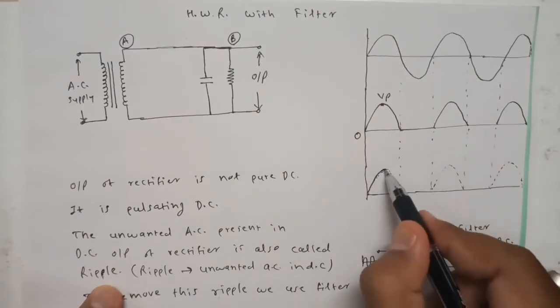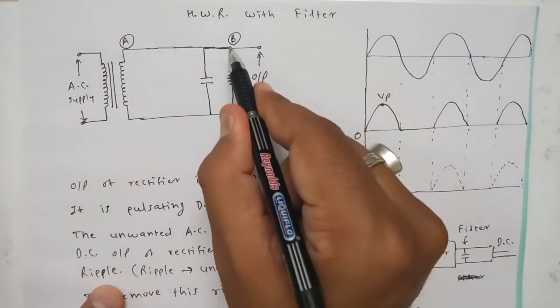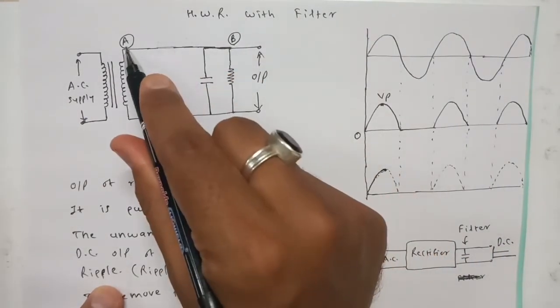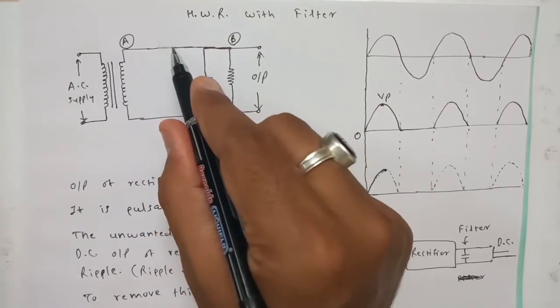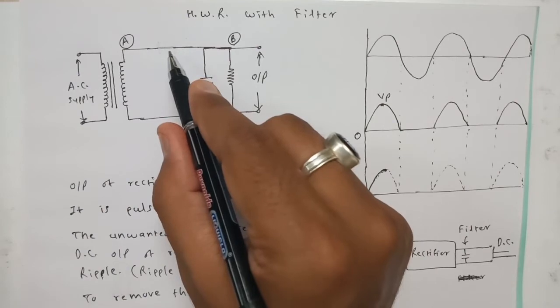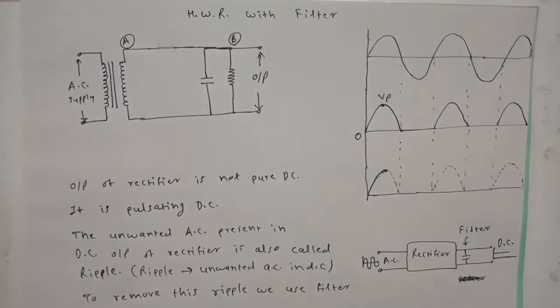So in this situation, the potential at point B becomes more as compared to potential at point A, and here the diode, which was acting as a closed switch, is now becoming reverse biased, and whenever it becomes reverse biased, it will act as an open switch.